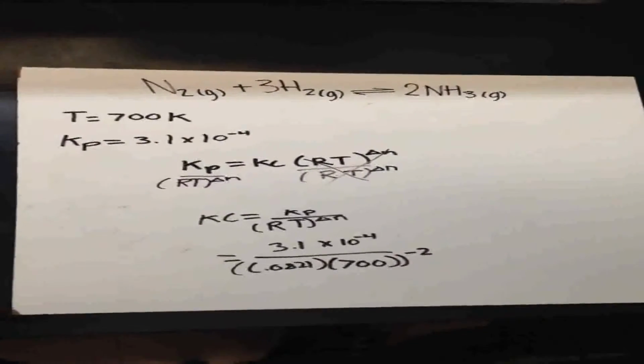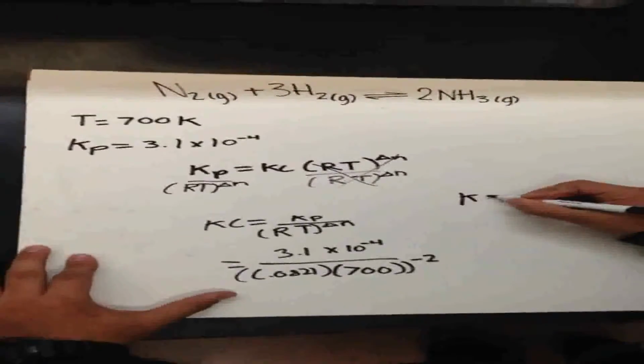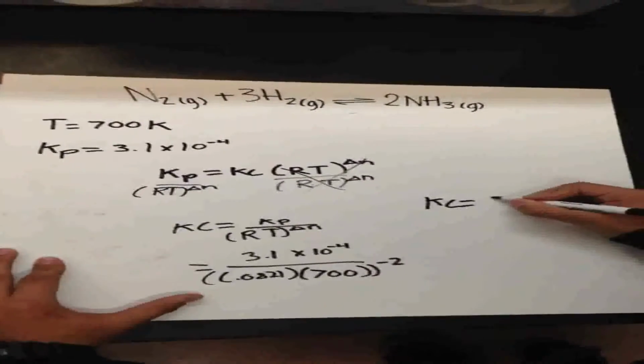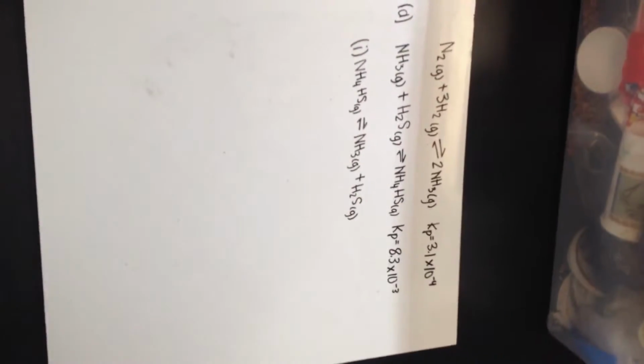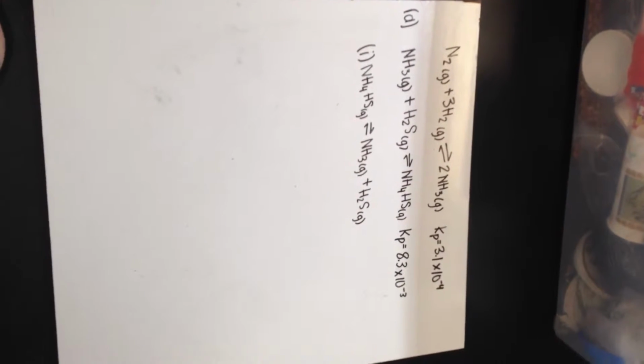Okay, now let's put it into your calculator. Calculate. Okay. Now you have the Kc equals 1.0. Okay, this is number 2, 1d i.